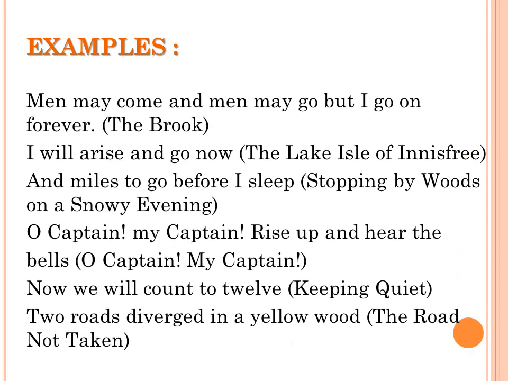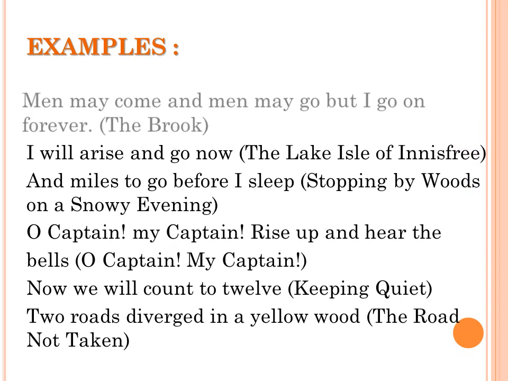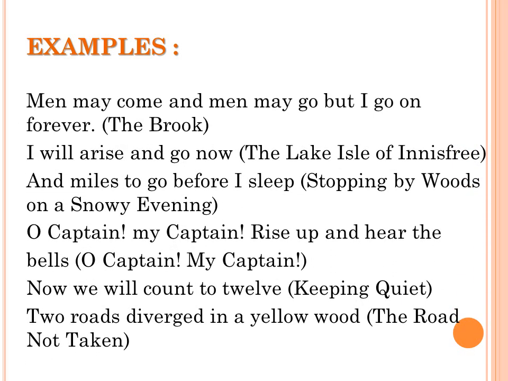Let's see the examples of refrain. Men may come and men may go, but I go on forever. If you have read the poem The Brook, you must have noticed that these two lines are repeated 4 times in the poem, and they highlight the theme, which tells that man takes birth and dies, but the brook is eternal.